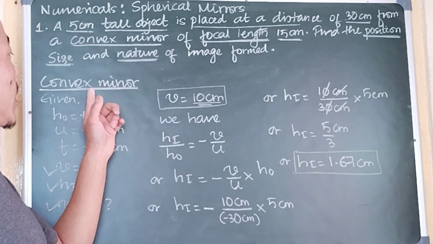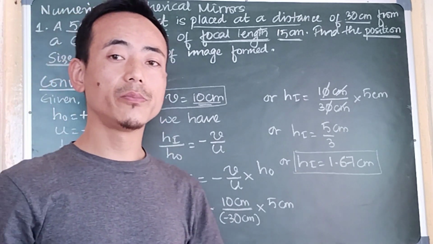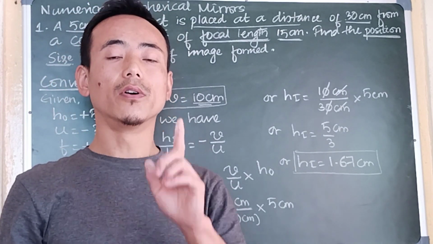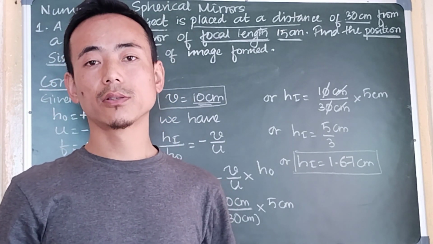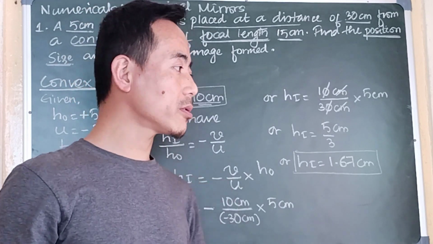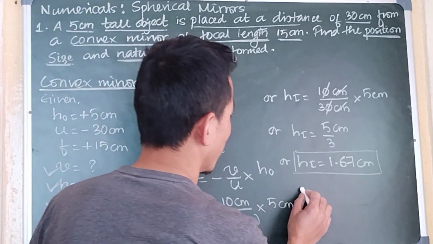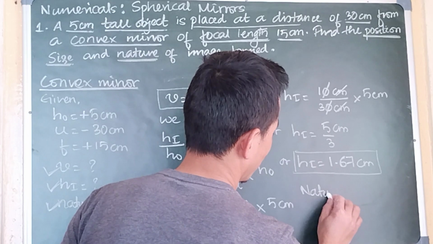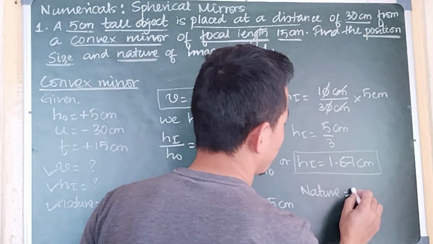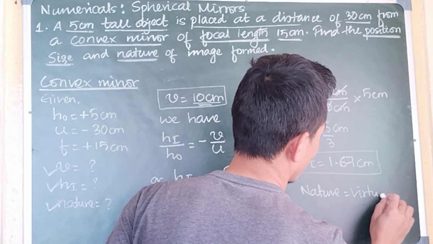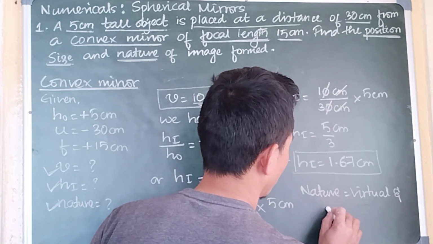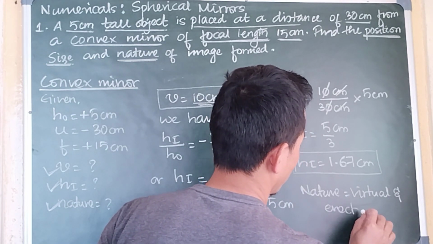Here you can see we have a convex mirror. A convex mirror always forms a virtual and erect image. So here you don't have to do any calculation, simply write the nature of the image. So nature will be virtual and erect.